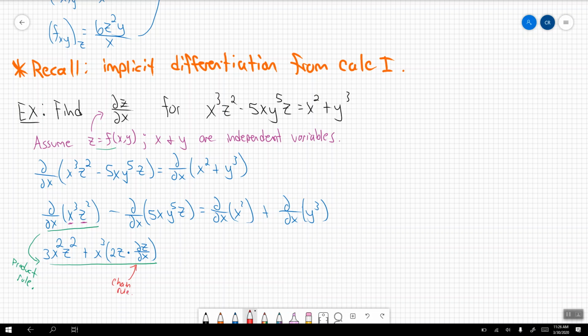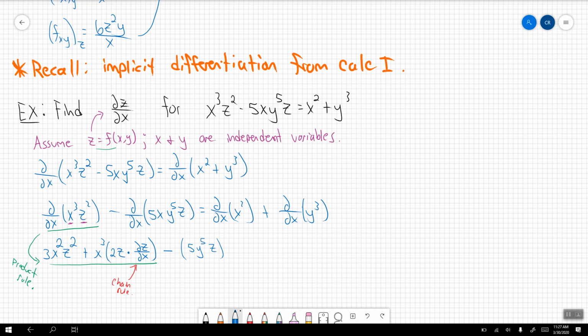All right. Now, let's go through the second piece. Minus, second term. So that's minus, because that's a minus here. So the partial derivative here with respect to x, again, I have a variable x and I have a variable z. Y is a constant, remember. So I need the derivative of the first function. That's going to be 5y to the 5th multiplied by z.